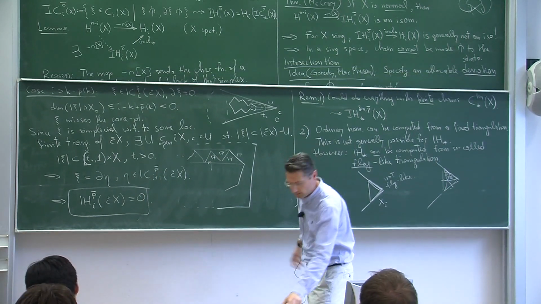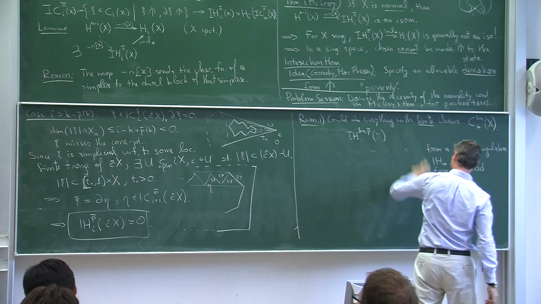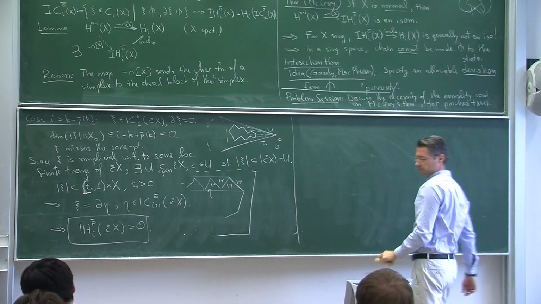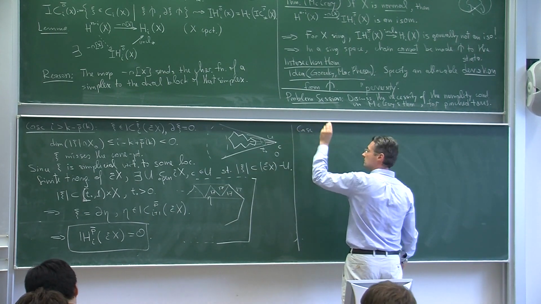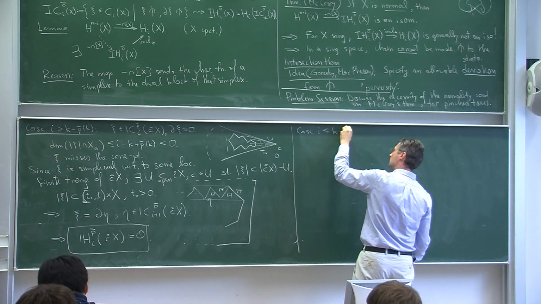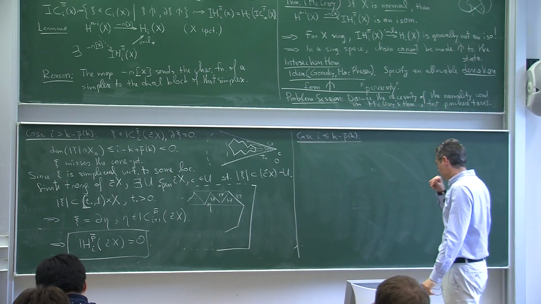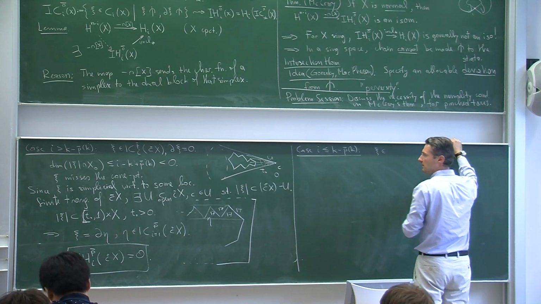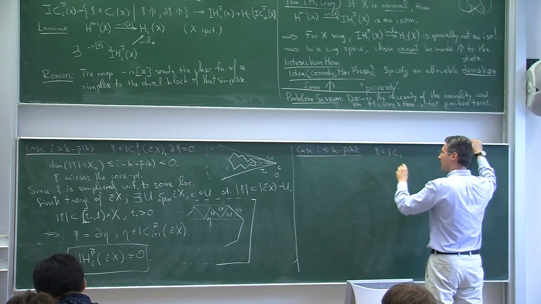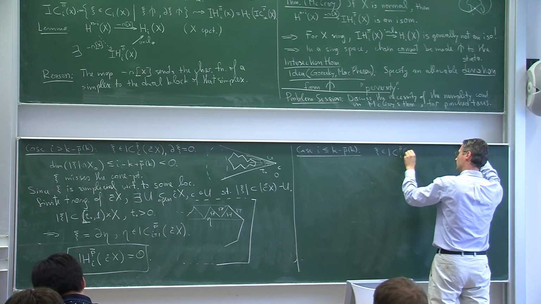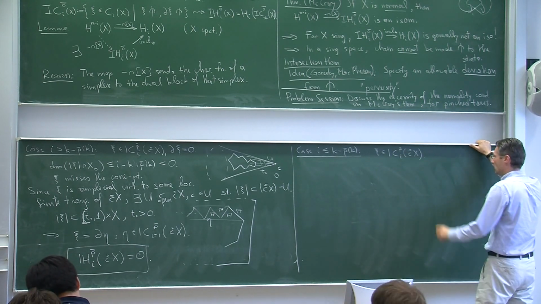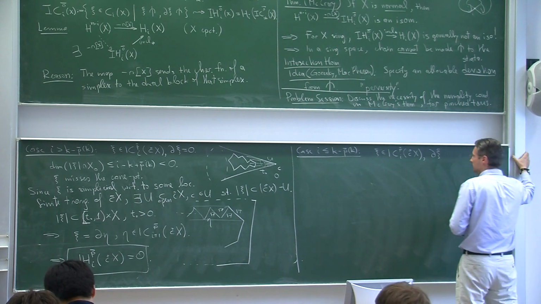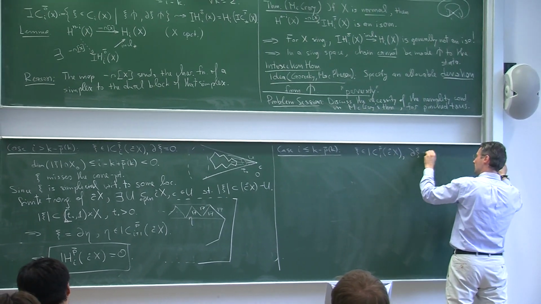So let us consider the other case then. I take again some intersection chain on the cone, and I might as well already assume that the boundary of that chain is the cone on something.